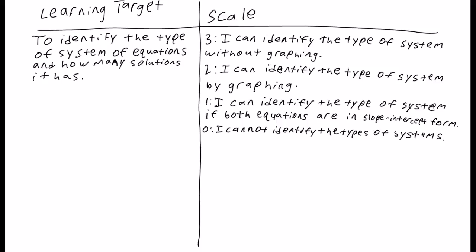So if you graph it, you can tell the difference. 1, you can identify the type of system, but only if the equations are in slope-intercept form, as in you have trouble changing them into slope-intercept form. And you're a 0 if you cannot identify the types of systems. Let's get started.